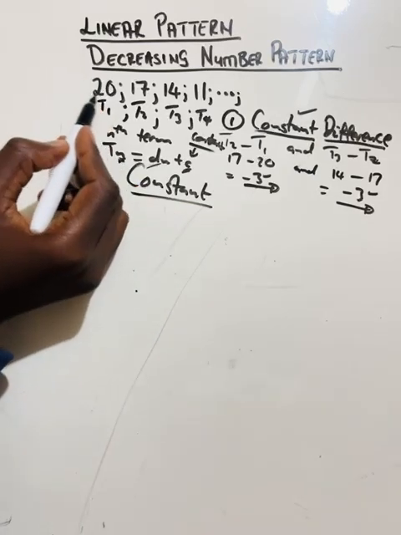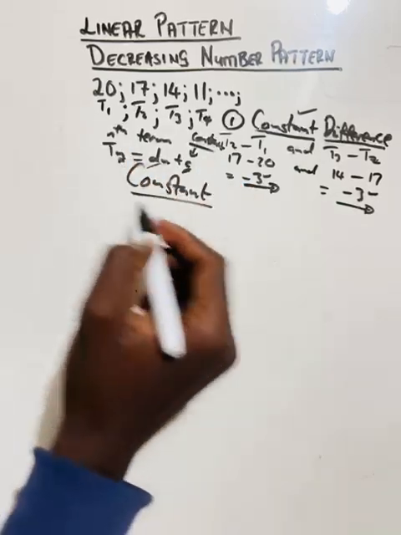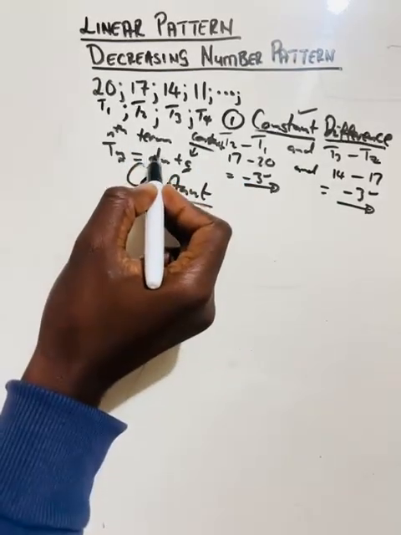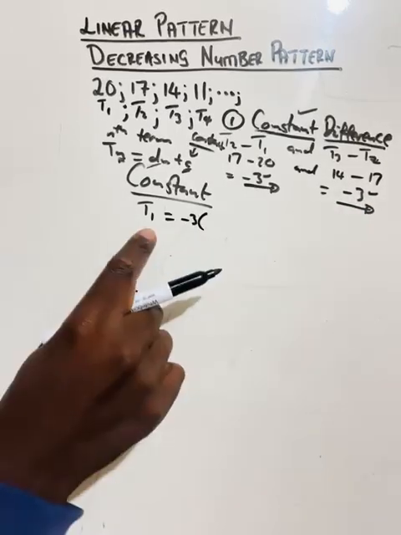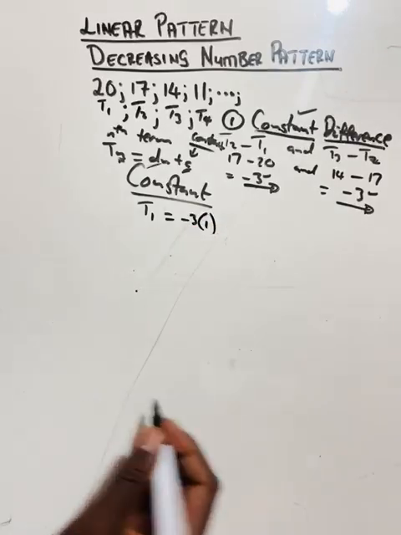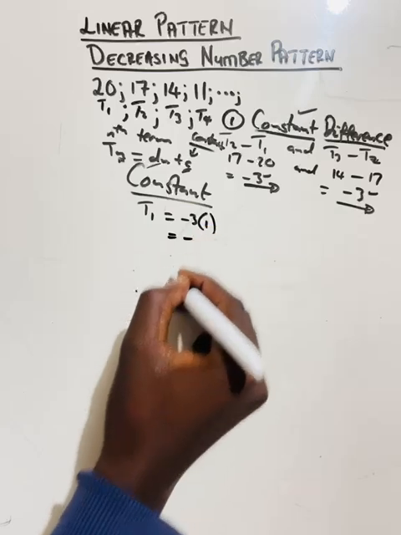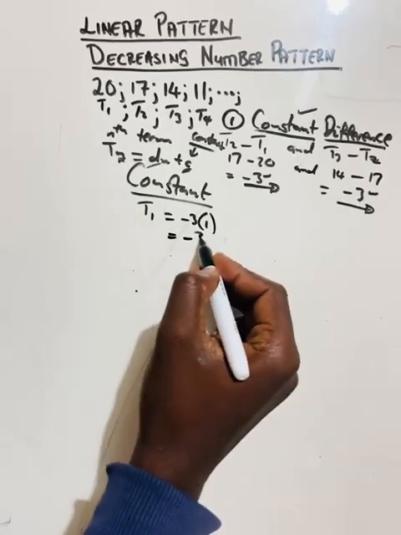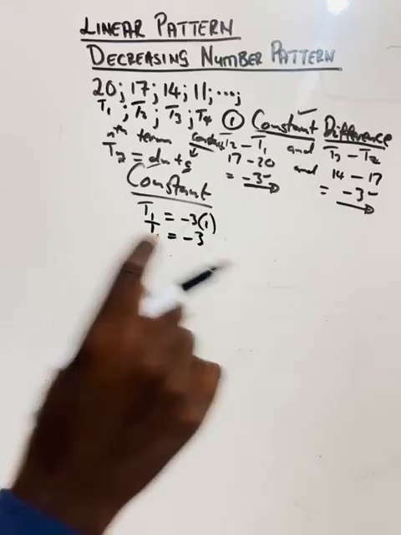So we're going to use term number 1 to find the constant. We say term number 1 is equal to D, the constant difference we found to be negative 3. So we say negative 3, open the bracket, and place the first term here. When we multiply a negative and a positive, we get a negative. And 3 multiplied by 1 gives us 3. So far it's saying that term number 1 is equal to negative 3.